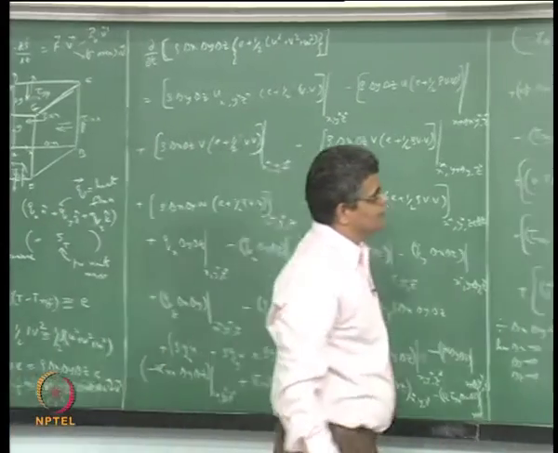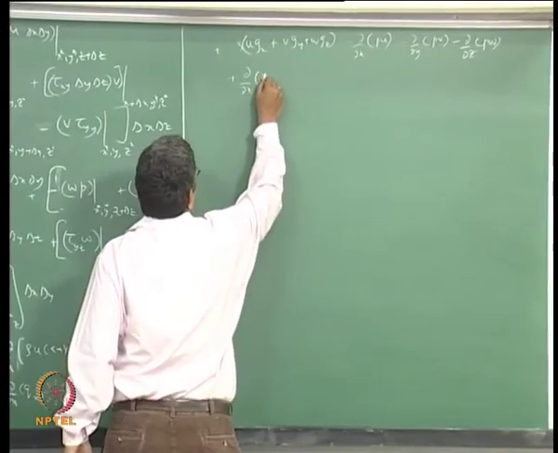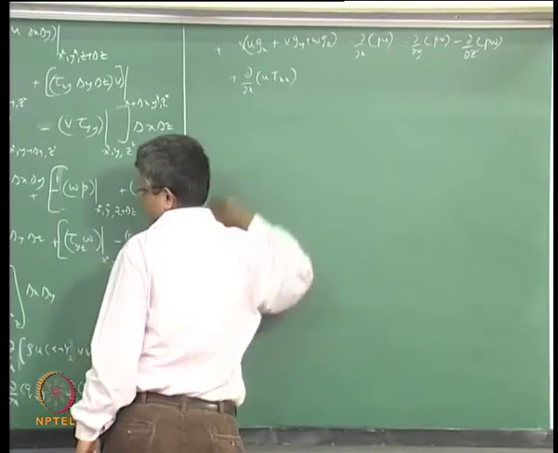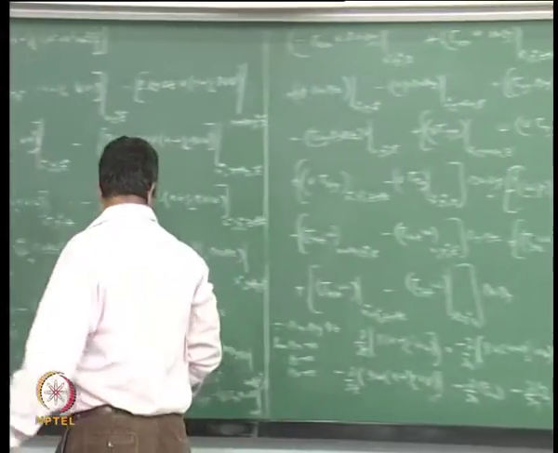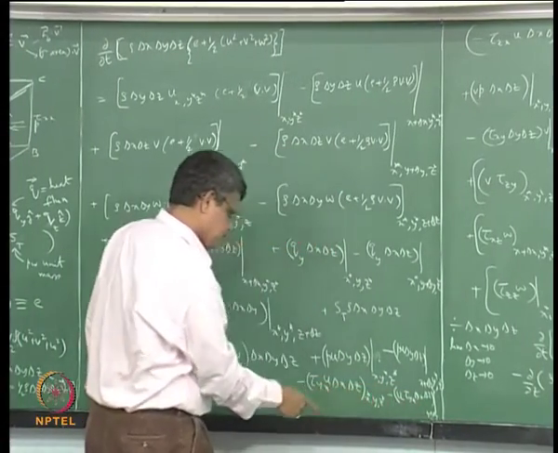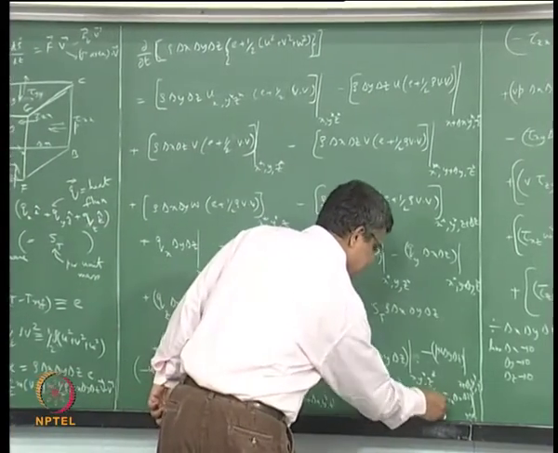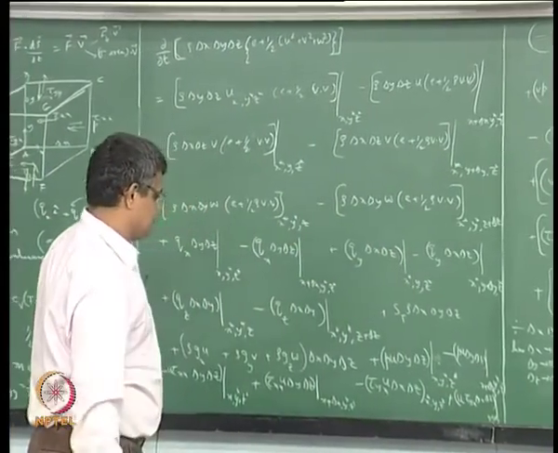So that becomes plus dou by dou x of u tau xx, and similarly these two terms here, this is y plus delta y. There should be a plus sign here, that is acting in the positive x direction.